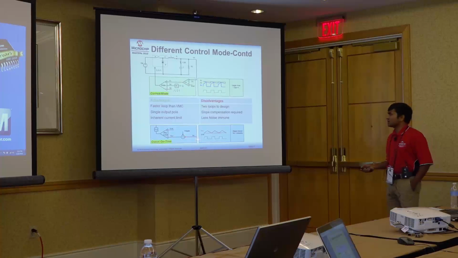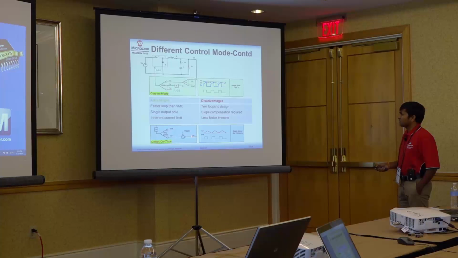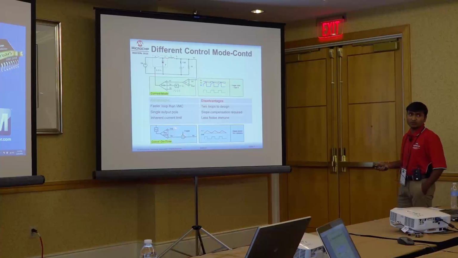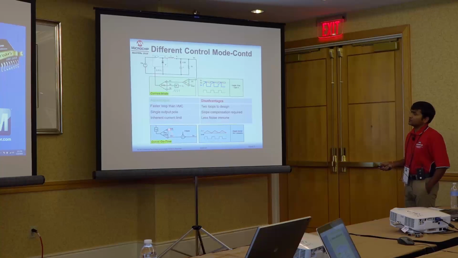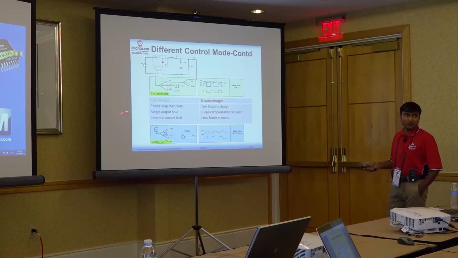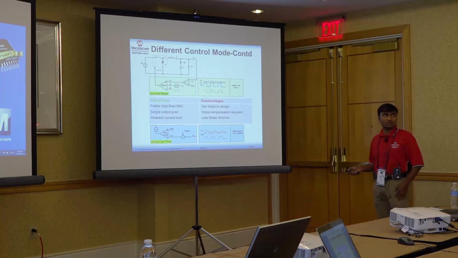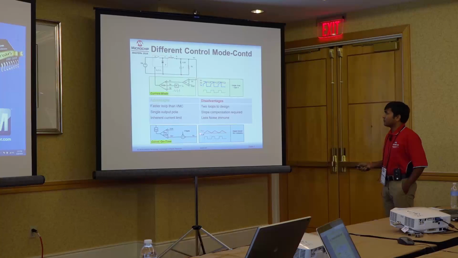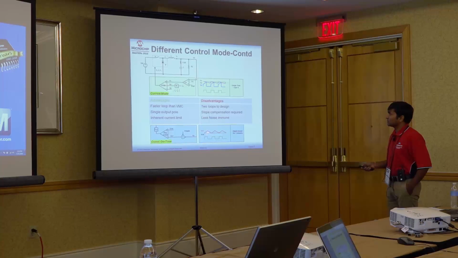So, in the constant on time control, the output voltage is sensed and a ripple is added. There are many ways to get this ripple, which we will discuss in the further slides, and the resultant voltage will be compared with the reference voltage. There is a fixed on time block that generates the on time based on input and output, and whenever the ripple voltage falls below the reference voltage, the cycle is initiated and it turns on till the on time is elapsed.